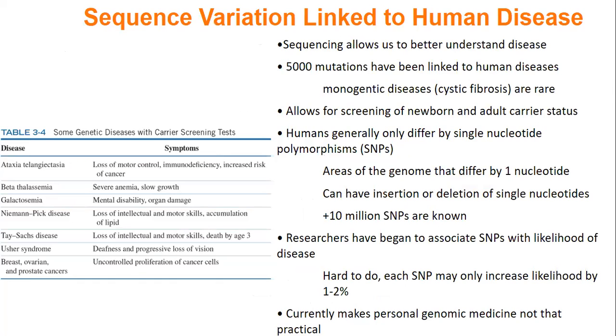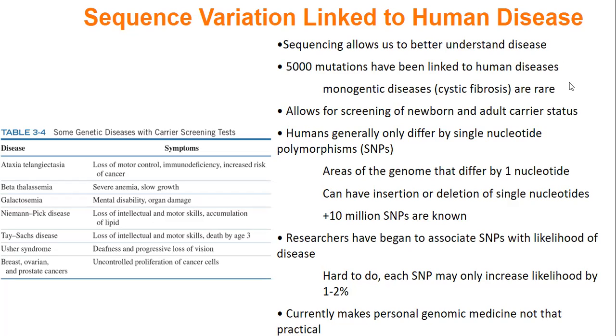And what did we learn through doing sequences of a lot of different humans? One of the key things that sequencing can do for us is to help us understand diseases. By looking at individuals who have inherited diseases versus individuals who don't, we can start comparing their DNA and see where mutations are.